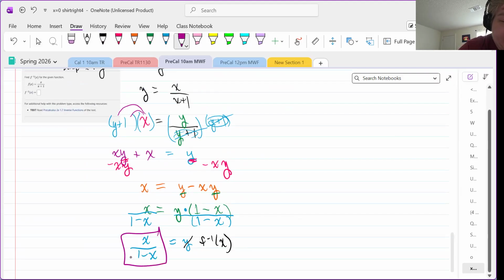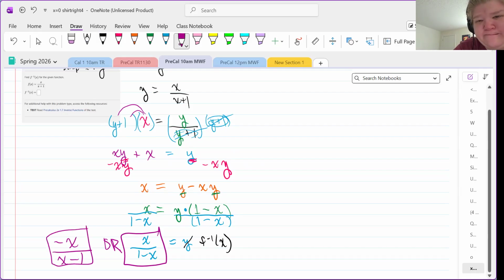And then my answer is going to be x divided by 1 minus x. That's one way to get it. Now, if you did your algebra a little bit differently, you could also get negative x over x minus 1. That's algebraically equivalent. They're both correct because they're both communicating the same thing. So either of those answers is perfectly acceptable.